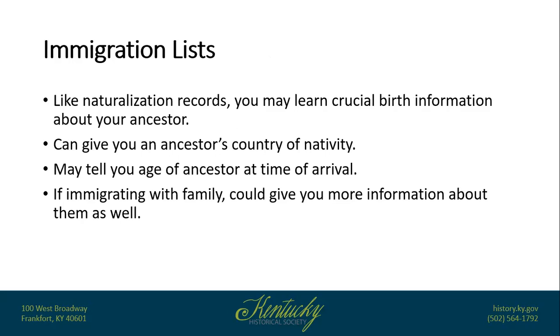And there are also immigration lists, and like the naturalization records, you may learn crucial birth information about your ancestor. You could learn your ancestor's country of nativity. It may tell you the age of your ancestor at the time of their arrival, so you could once again do some math and figure out a potential birth date based on that.